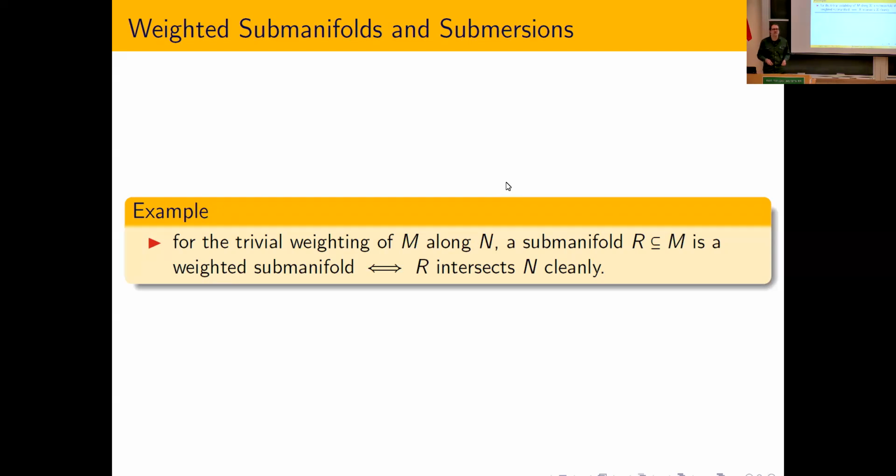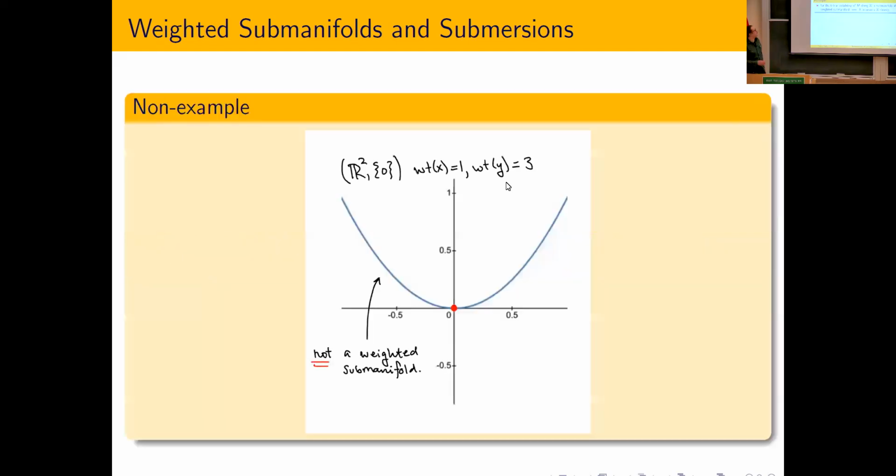It's weaker than transverse, because, for instance, you could have a submanifold tangent to it.